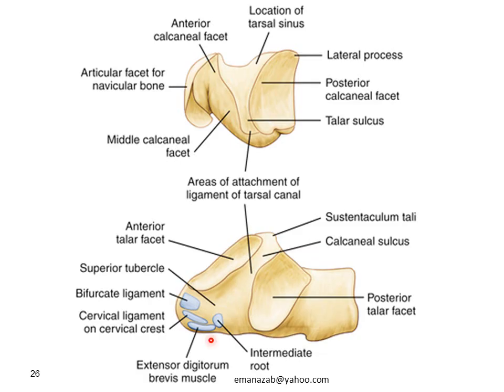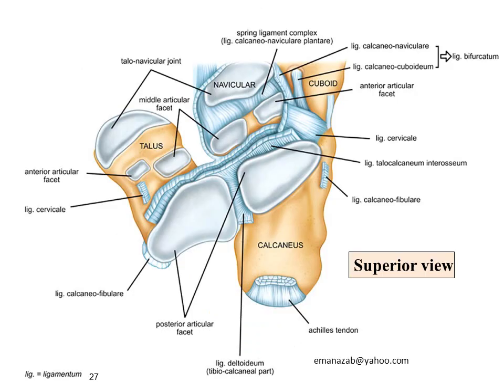This is a dorsal view of the calcaneus showing the attachment of the cervical ligament medial to the attachment of the extensor digitorum brevis muscle and anterior to the attachment of the intermediate root of the stem of the inferior extensor retinaculum. Dorsal view of the right subtalar region showing the cervical ligament.